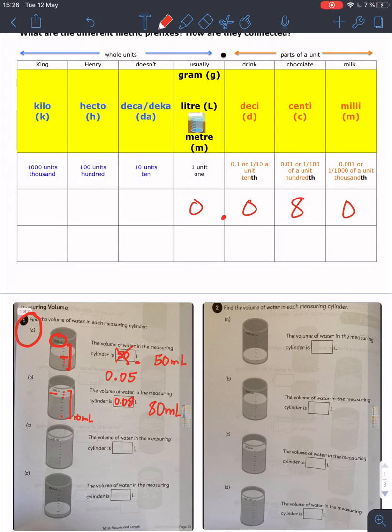When I look at this next one, I can see that it is 100 milliliters. If I write 100 milliliters here, then I can see that actually 100 milliliters is equal to a deciliter, or 1/10 of a liter. And finally here, this is equivalent to just 10 milliliters. It's the same scale and the same capacity, and in all of these containers, there's only 10 milliliters here.